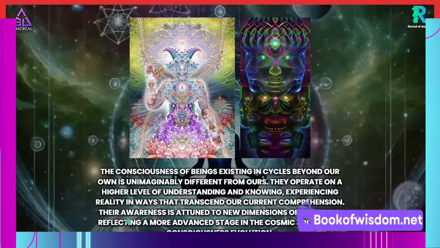Okay? Their awareness is attuned to new dimensions of existence, reflecting a more advanced stage in the cosmic journey of consciousness evolution. So when you take DMT, you are shot into these higher realms of consciousness where you meet these beings who look similar to these images.